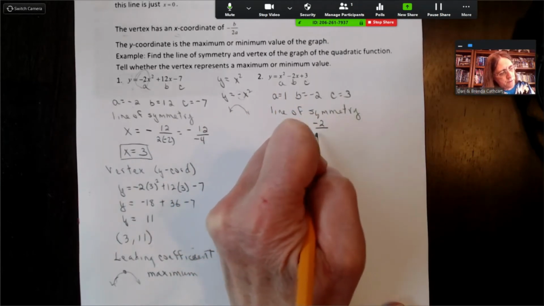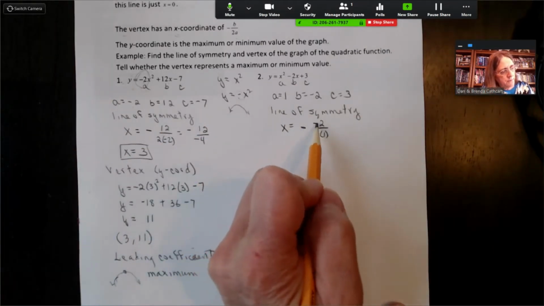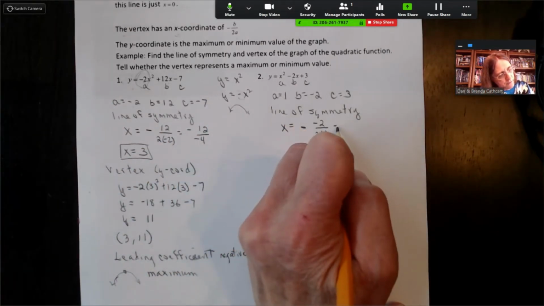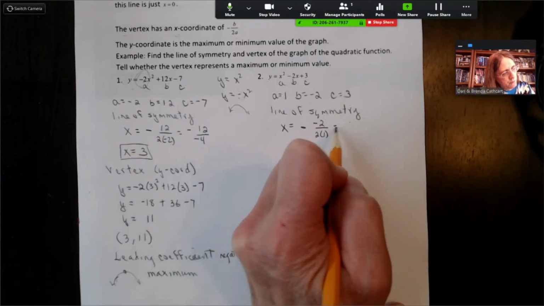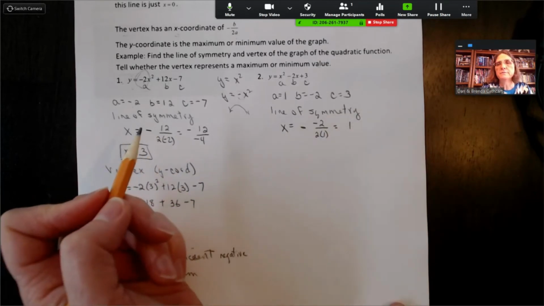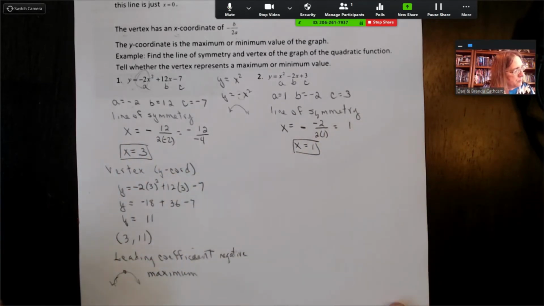So negative 2 divided by 2 times 1. Since I have a negative of a negative, that becomes positive. So I end up with 2 over 2, or 1. So our line of symmetry is x equals 1.